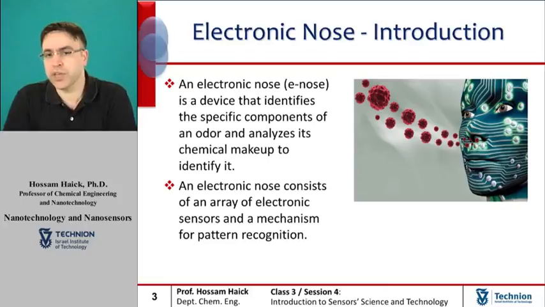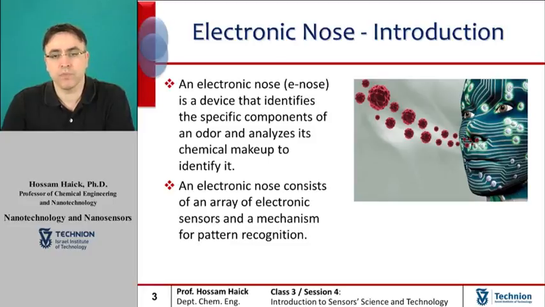In continuation to the concept presented in the previous slide, an array of multiple sensors can be used when multi-component gas analysis is required. For instance, if you want to distinguish a good wine from a bad wine based on their aromas only.